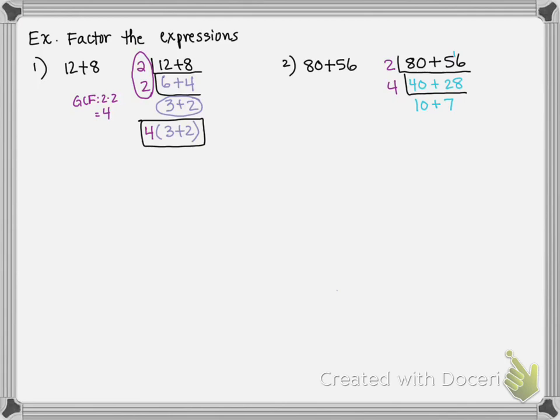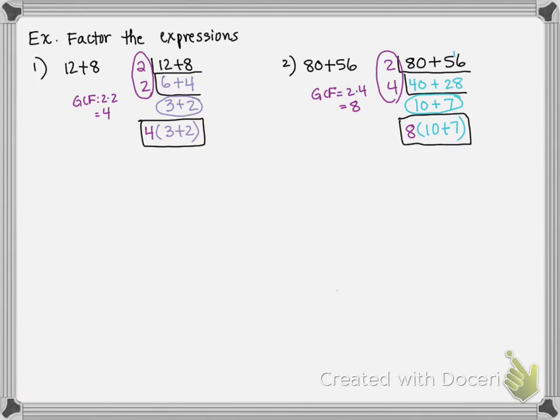Oh, look at that. 10 and 7 have nothing in common, so I'm going to stop. I'm going to take my vertical numbers for my GCF, and I multiply them, and I get my GCF is 8. So that's going to go out in front. And then I'm going to grab whatever's at the bottom of my factor ladder, put it in the parentheses, and my answer is now fully factored.